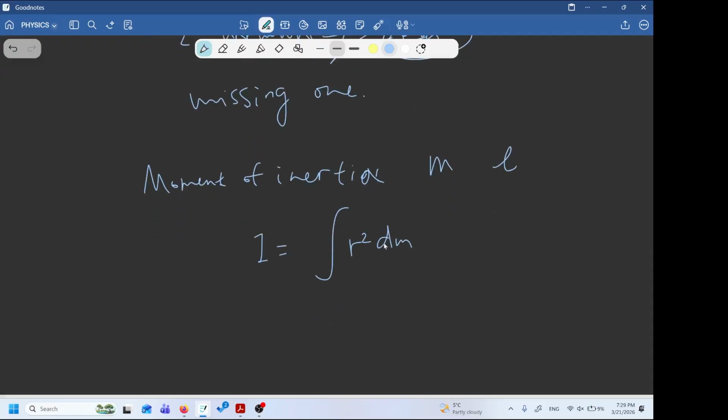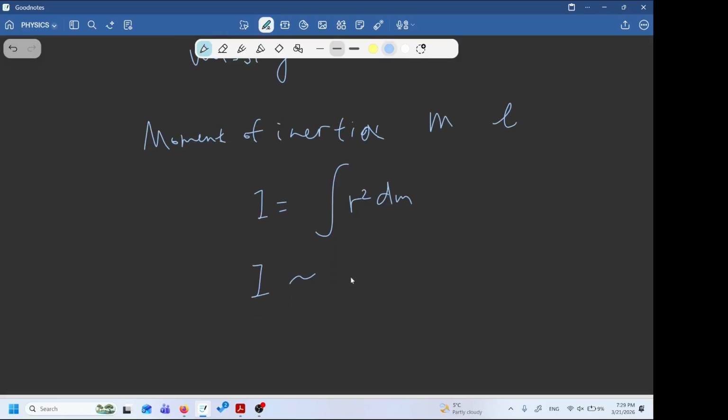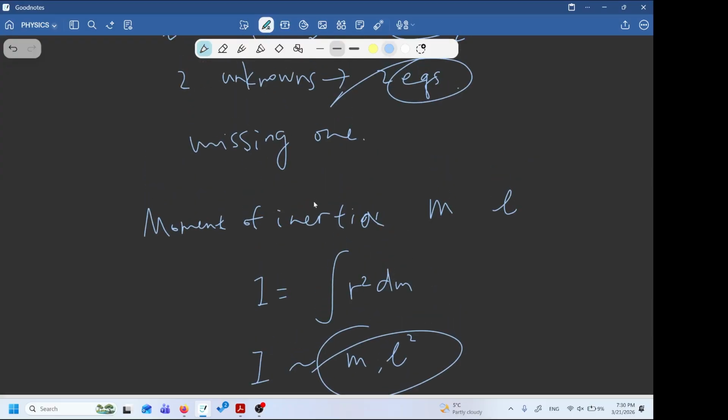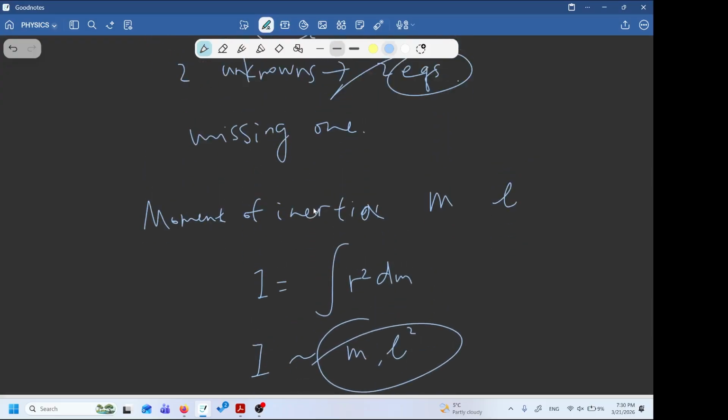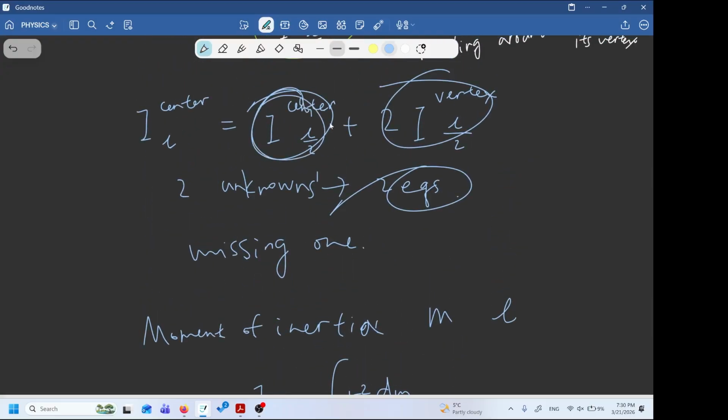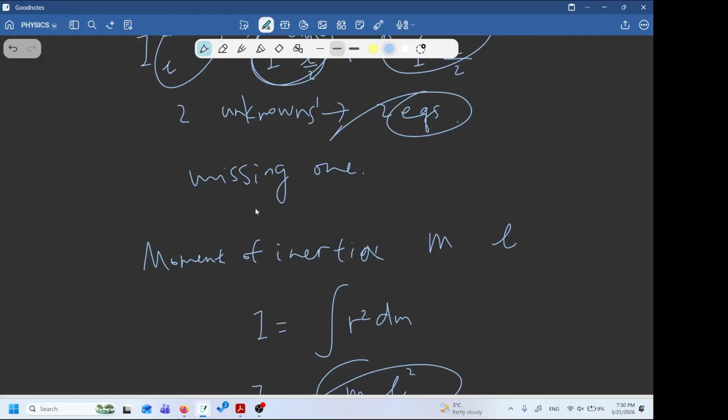So we know that I is scalable. It depends on the mass and the distance squared. So it depends on these two quantities. And so then we can write a scaling equation that equates this with this and then this with that using the scaling idea. So how can we do that?